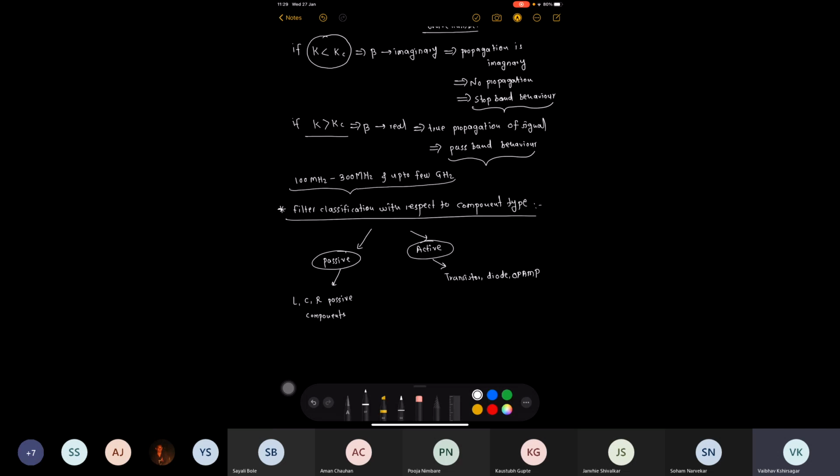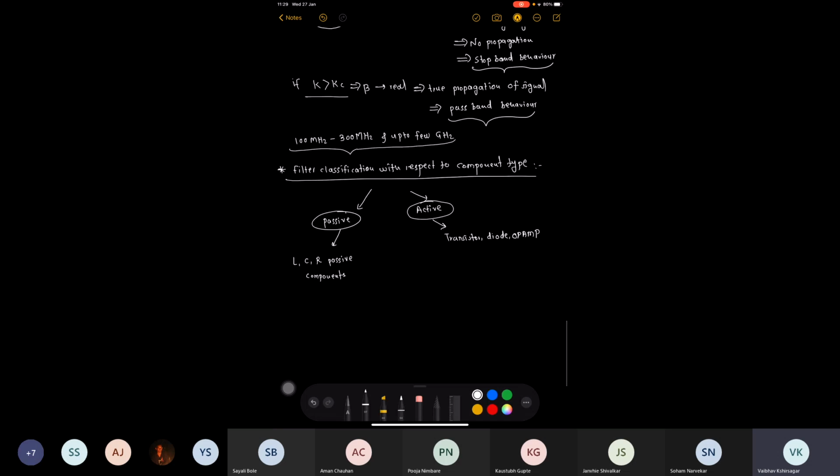Okay, so in our particular syllabus, we will be focusing more on construction and design of passive filters. As I already said in the beginning of this lecture, there are two specific ways of designing that filter, which we are going to see shortly.